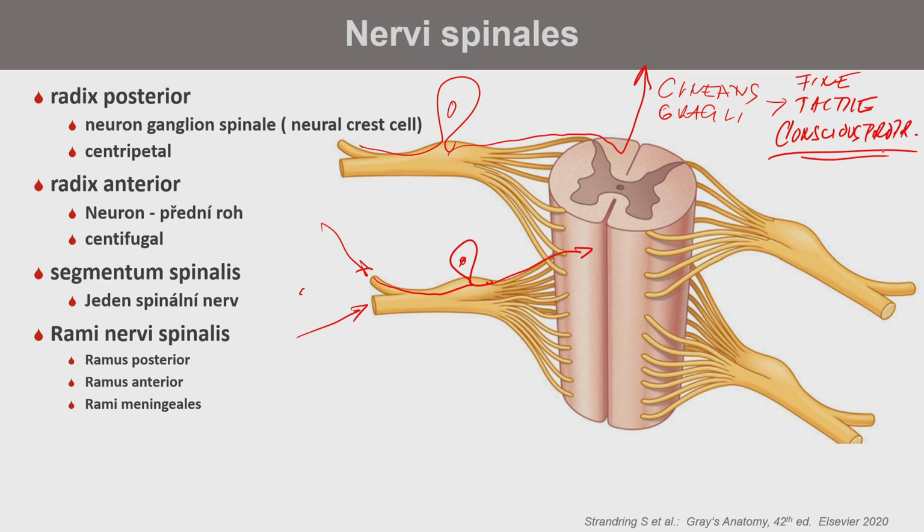This proprioception is led by this segment which is localized here. The second one is then relayed somewhere and then is going upwards also to the central nervous system.